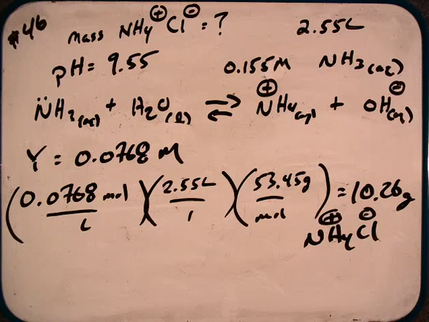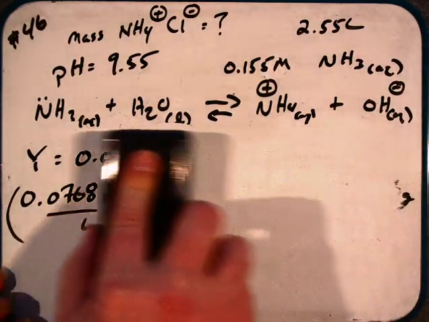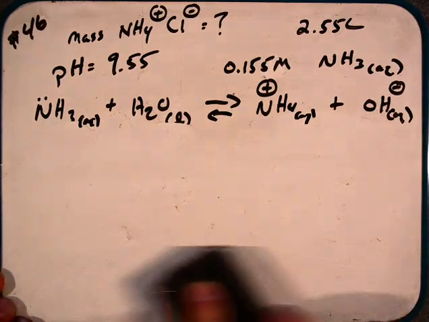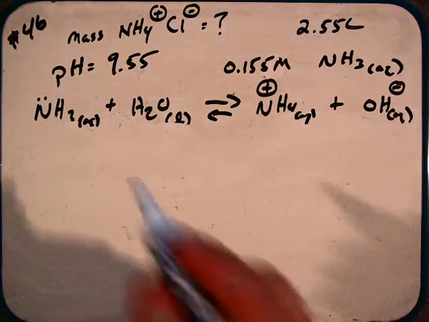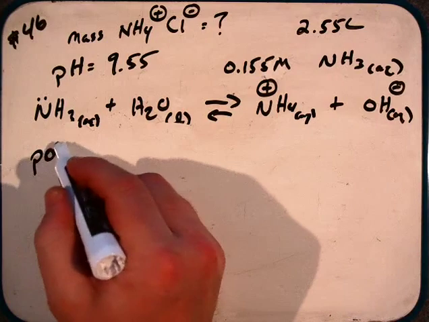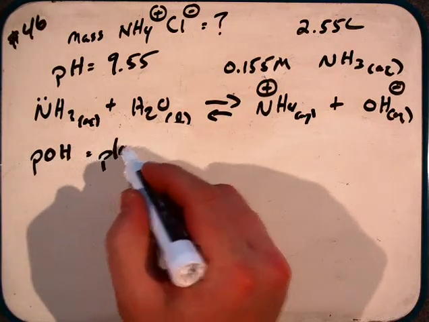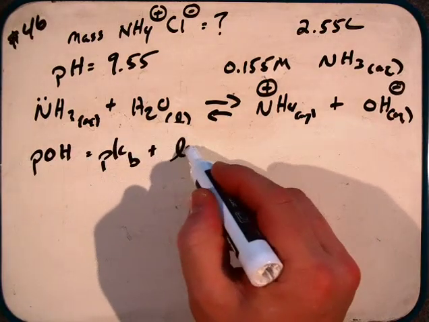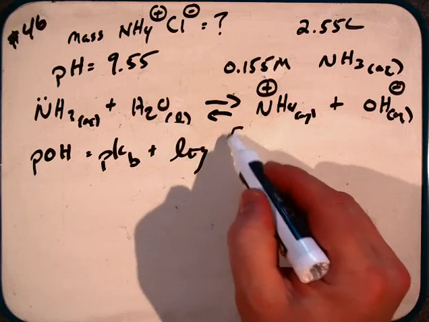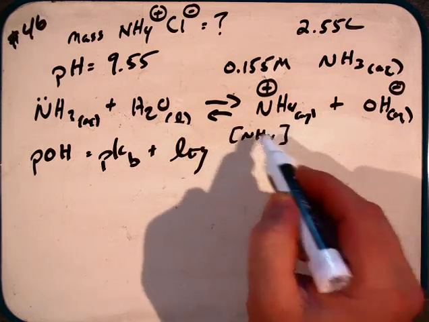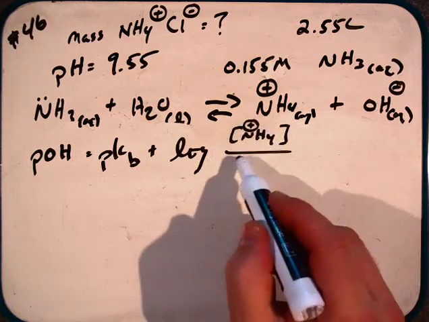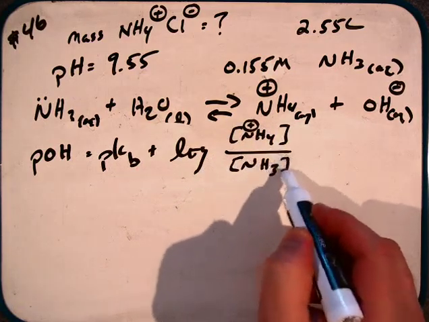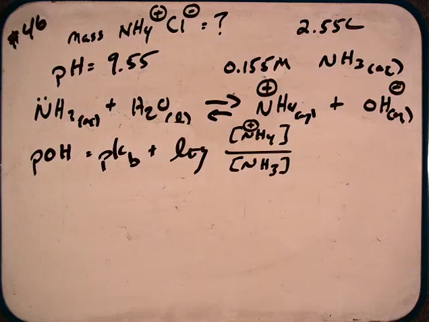The other way to look at this is by way of the Henderson-Hasselbalch equation. So our Henderson-Hasselbalch would be pOH equals pKb plus the log of my ammonium over my ammonia, or the log of my conjugate over my parent.